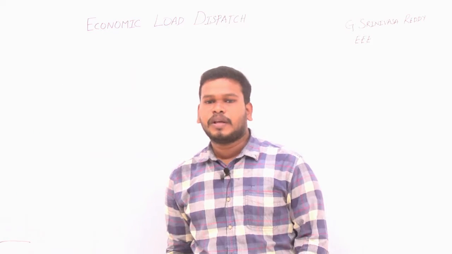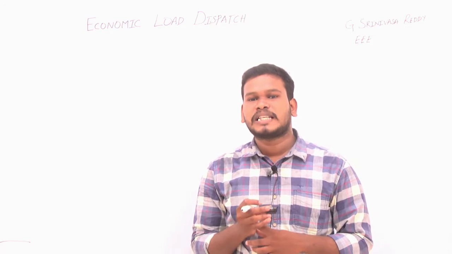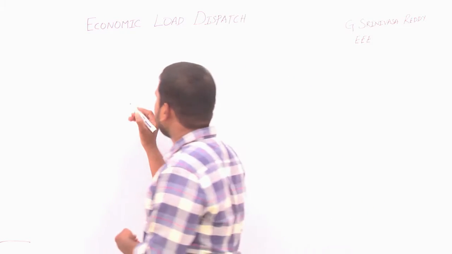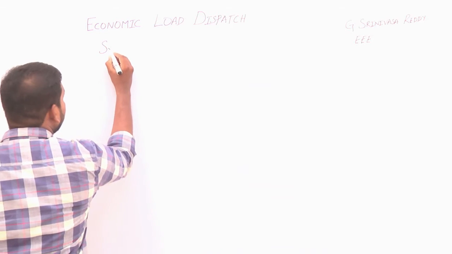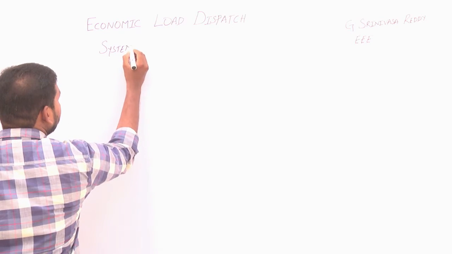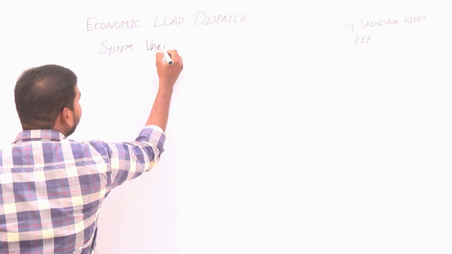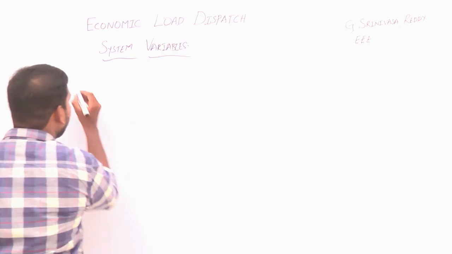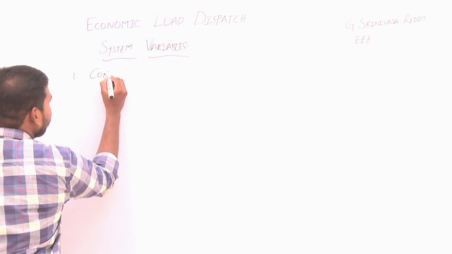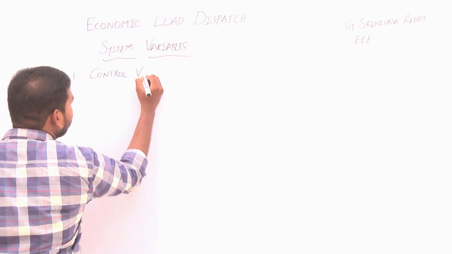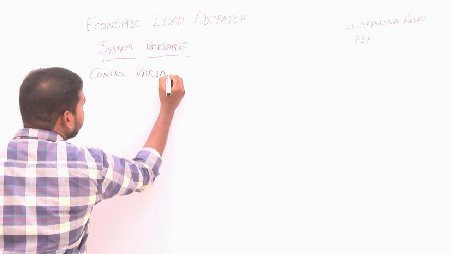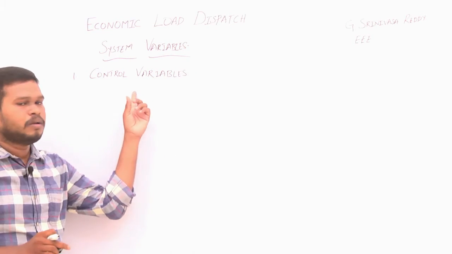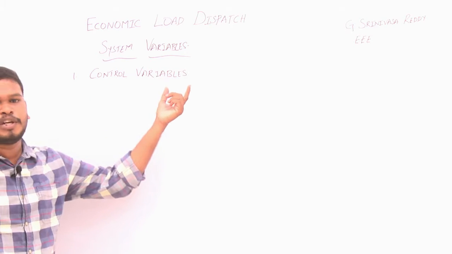So now coming to the different system variables in a thermal power station, right? First one is control variables. So what do these control variables do?